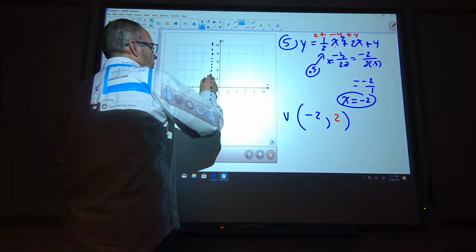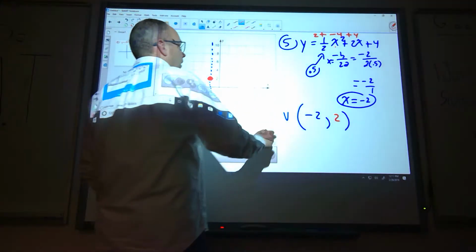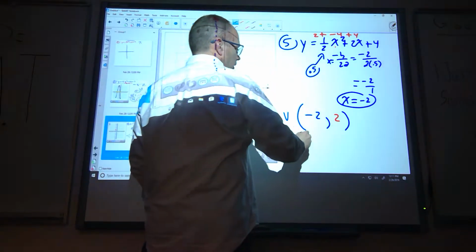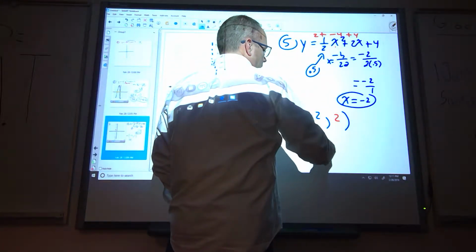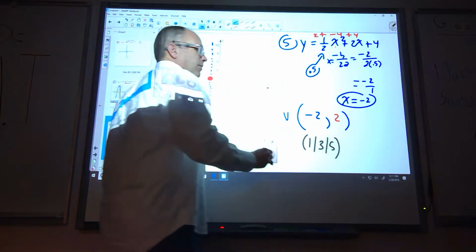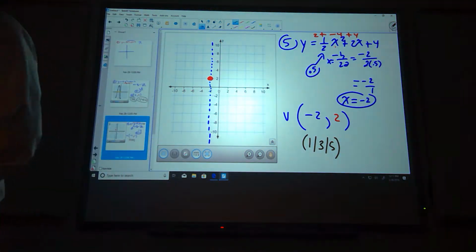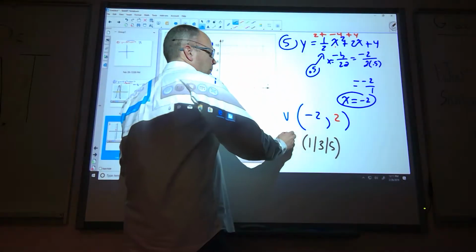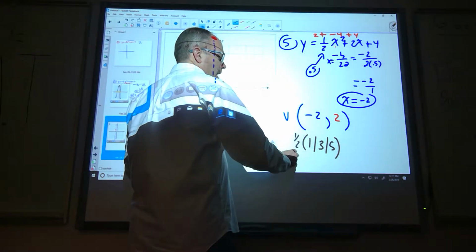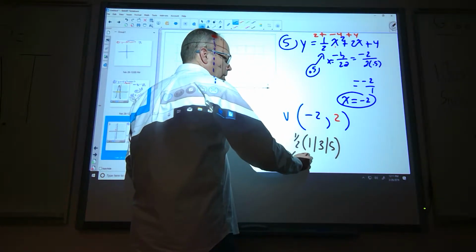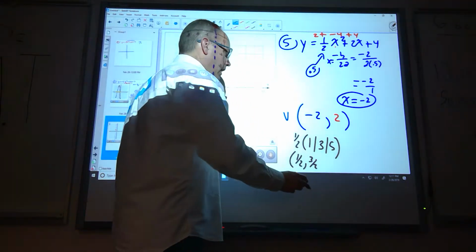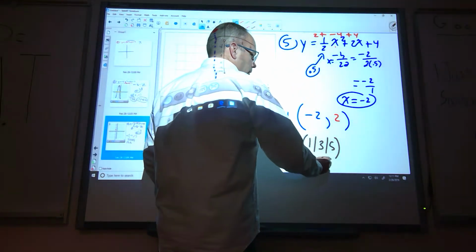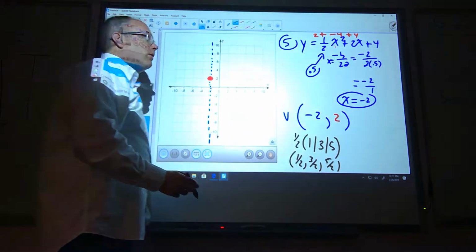Negative 2 comma 2. Okay, now, critical thinking, friends of mine. We normally do 1, 3, 5, but we multiply 1, 3, 5 by the a value. The a value is half, or 0.5, right? So if I multiply all of those by half, I get half, 3 over 2, which is 1.5, and then 5 over 2, which is 2.5.